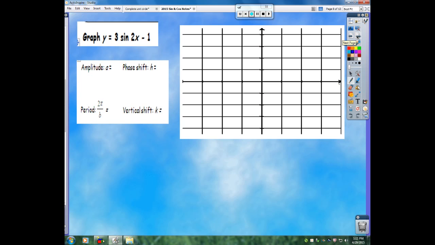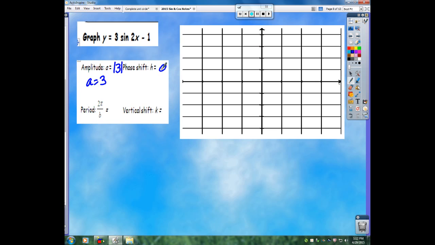Alright, so look at the following example. We've got y is equal to 3 sine 2x minus 1. So amplitude A, the absolute value of 3, means our amplitude is 3. It has a max height of 3 units. There's no h. There's nothing in parentheses with that x, plus or minus, so our h is 0. So we're not going to phase shift. Phase shift shifts it left and right.